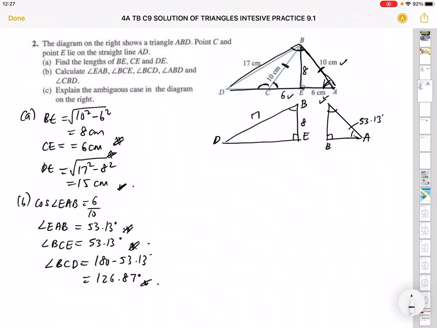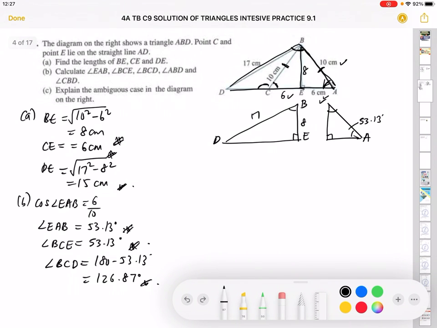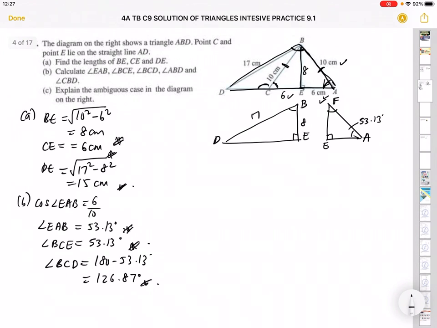So maybe we just find this angle ABE first. So let's find angle ABE. Now ABE will be 180 minus 90 minus 53.13, which is 36.87.